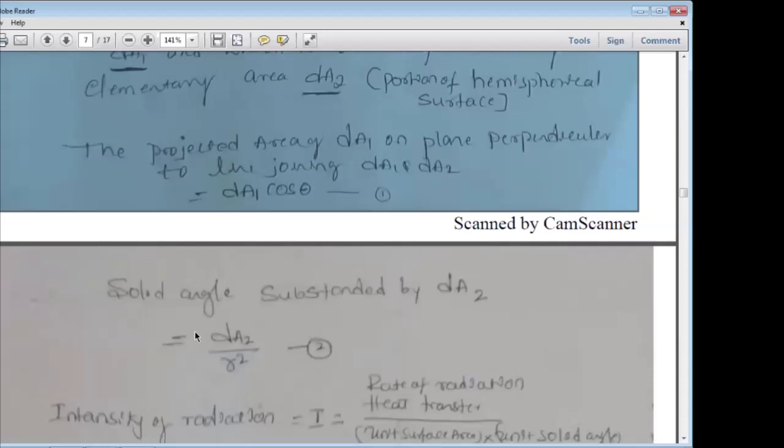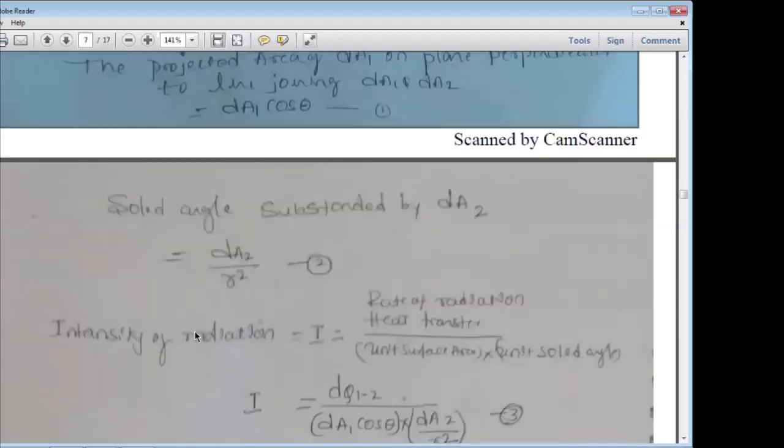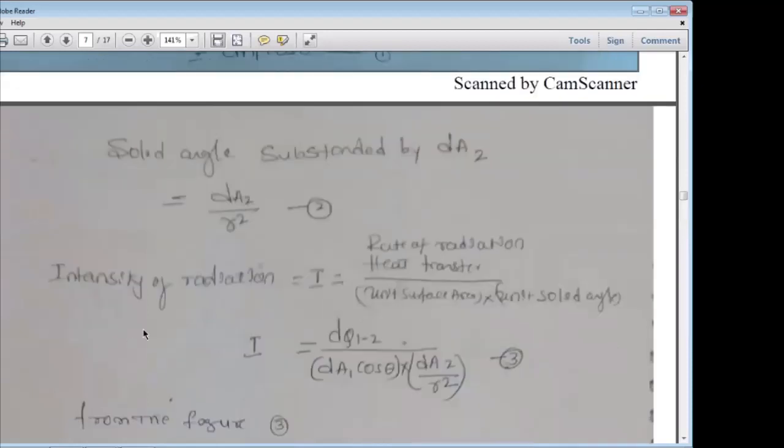But how do you define the intensity of radiation? The intensity of radiation is the rate of radiation heat transfer per unit surface area per unit solid angle.